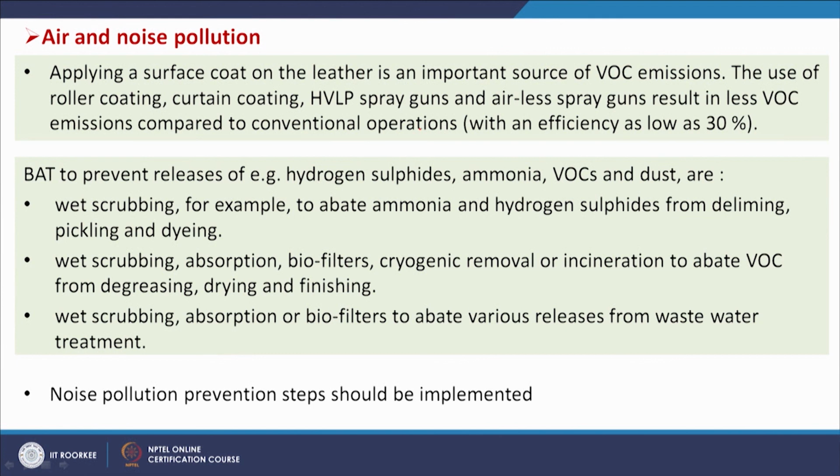So, these are some advancements in the process to reduce VOC emission, and the best available techniques to prevent releases of hydrogen sulphide, ammonia, VOCs and dust are wet scrubbing, for example, to abate ammonia and hydrogen sulphide from deliming, pickling and dyeing, and then wet scrubbing, absorption, biofilters, cryogenic removal or incineration to abate VOC from degreasing, drying and finishing, and wet scrubbing, absorption or biofilters to avoid various releases from wastewater treatment.